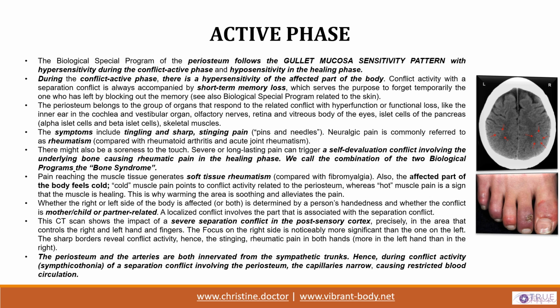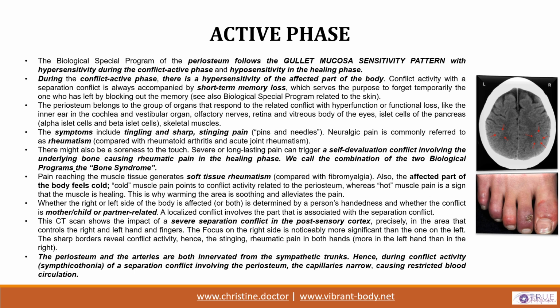So cold muscle pain points to conflict activity related to the periosteum, whereas so-called hot muscle pain is a sign that the muscle is healing. And this is why warming the area is soothing and alleviates the pain.